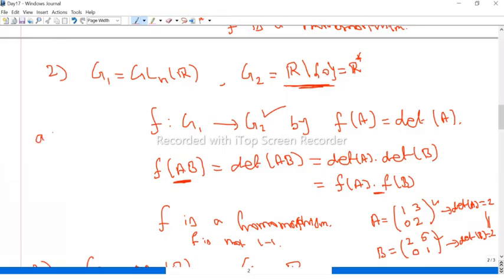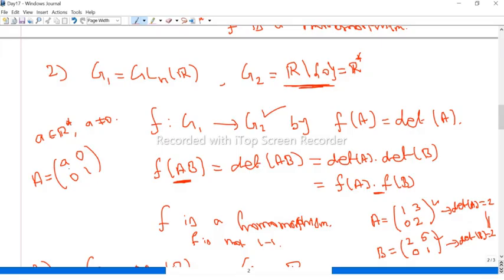If you take any non-zero real number, we can always find a matrix whose determinant is that non-zero number. Suppose I am taking A in R star in the codomain. So A in R star means A should be a non-zero number. So we can find a matrix A whose determinant is A. If you take a simple case, a 2 by 2 matrix, A, 1, 0, and you can take anything here, some 0, no problem. Now this is a diagonal matrix. What is the determinant?